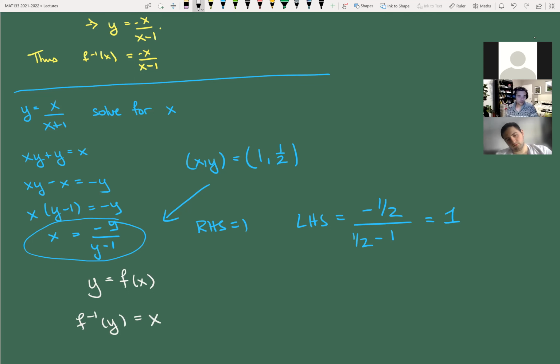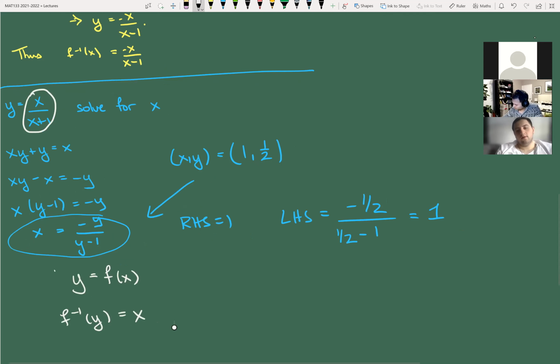So in the blue, I still solved for one of the variables, the one in the fraction. But in the yellow, I switched x and y first. I just renamed them. And in the blue, I didn't rename them. I started with the original equation and just solved it for x.